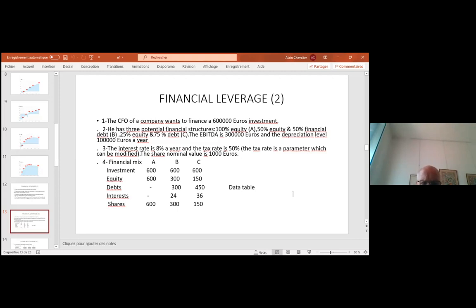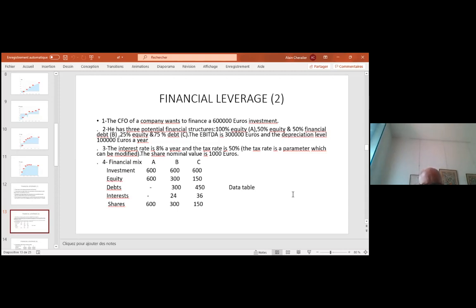For 50% in B, it's 300, and for 25% in C, it means 150. 600, 300, 150, you find the three cases there. Debt, of course, is 0 when it is 100% equity, column A, 300 in column B for 50% of the total mix, and 450 in the third case.